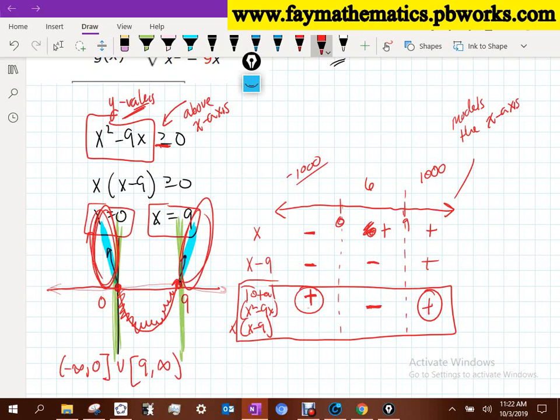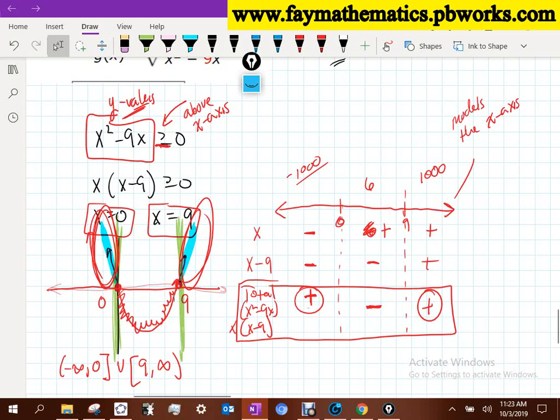It doesn't necessarily give me the specific ordered pairs, but it does tell me whether my y values are positive or negative in certain regions. Does that make sense? Especially right now, when it's x squared minus something, it's going to provide a parabola. If you understand parabolas pretty well, maybe you don't need a sign chart.